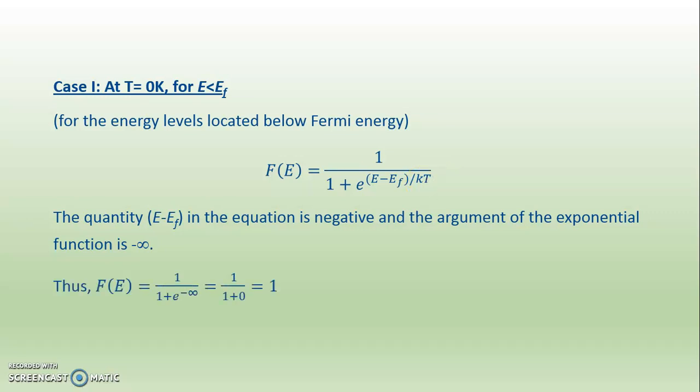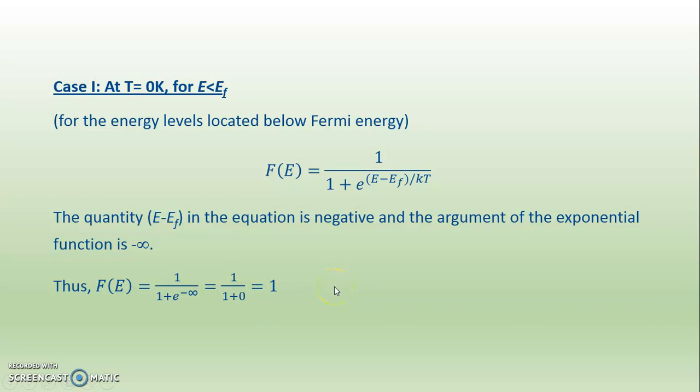So we can write f of E is equal to 1 upon 1 plus e raised to minus infinity, and we already know e raised to minus infinity is 0. So it becomes 1 upon 1 plus 0, which gives 1 upon 1, that is 1.